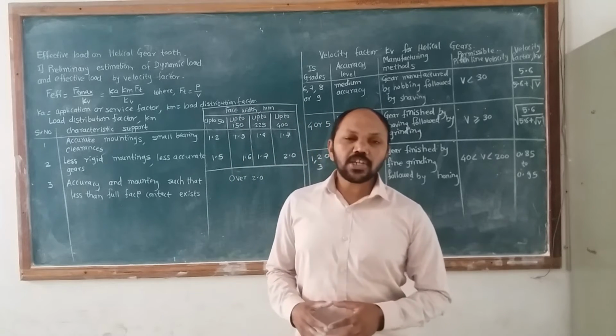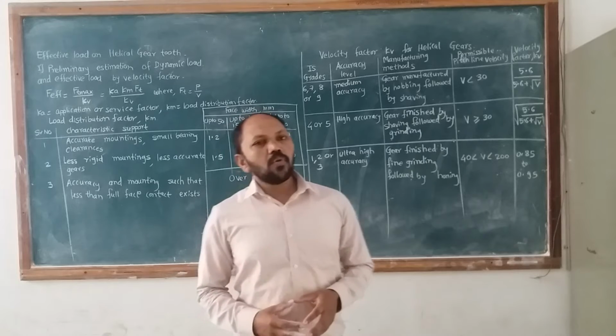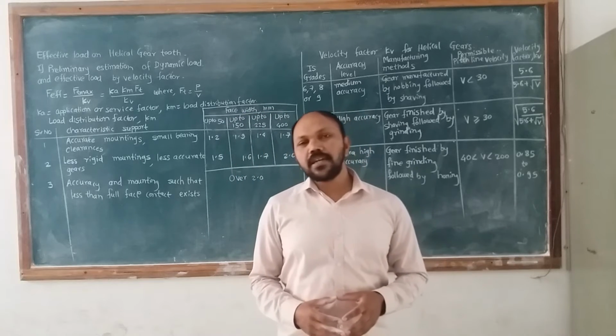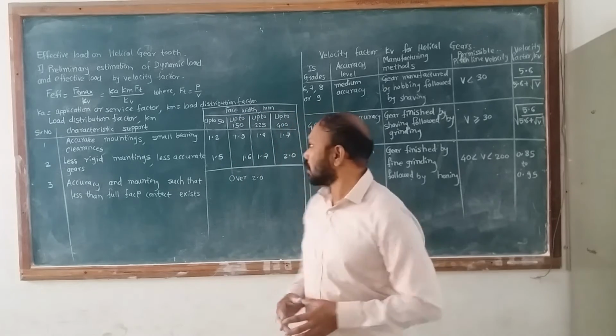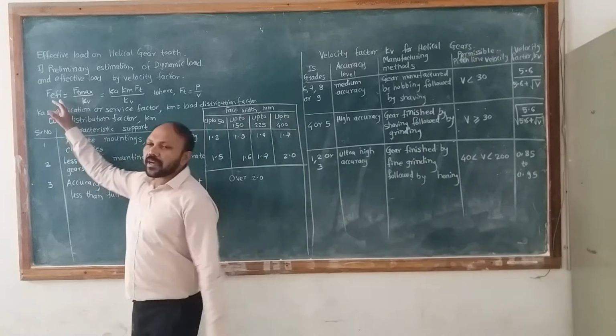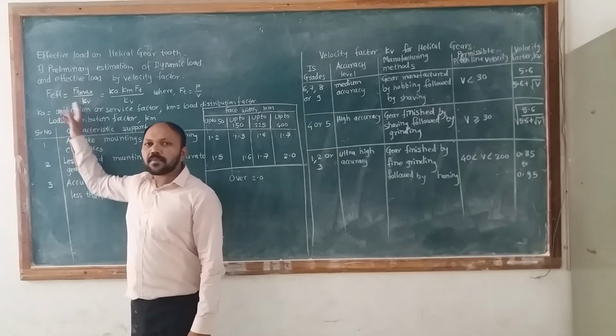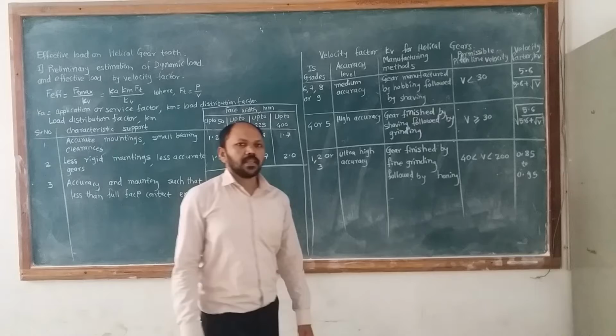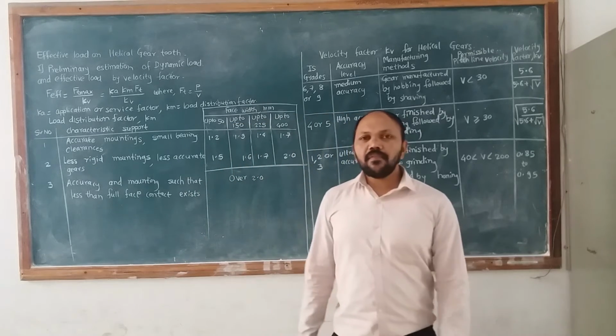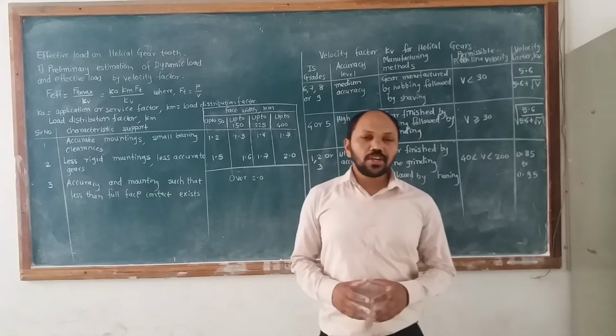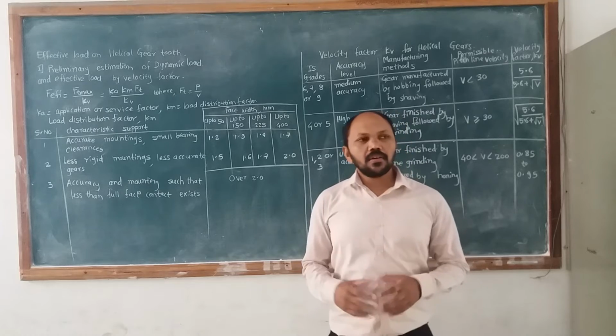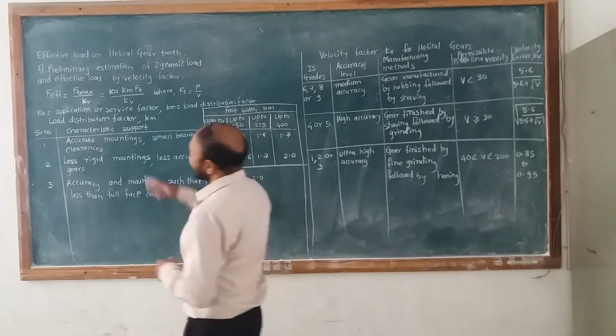Now what is the relation for effective load in the preliminary estimation method? The relation is F effective is equal to Ft max upon Kv. What is Ft max? Ft max is the maximum tangential force. What is the relation of maximum tangential force?